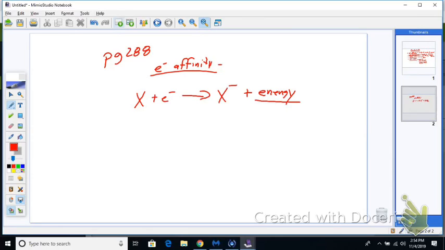So, which elements have the highest electron affinity then? Chlorine and fluorine. Yes. Which one's higher? Probably chlorine. So chlorine and fluorine are the highest. What's the next highest?